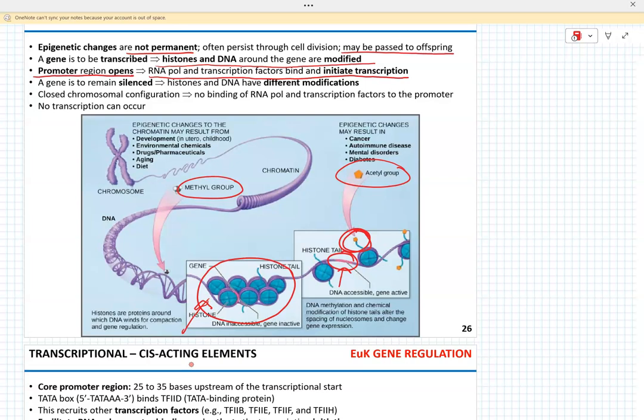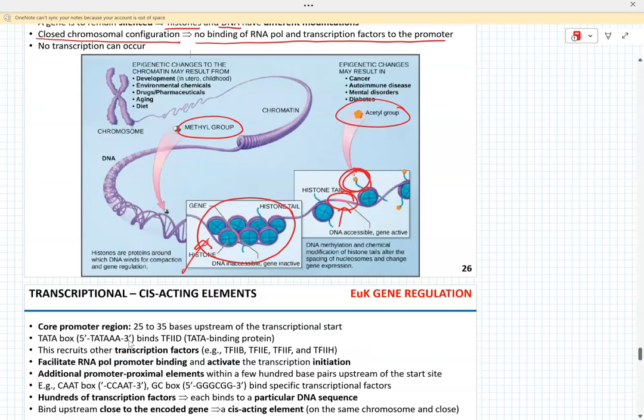If the gene is to remain silenced, DNA will be methylated, histones deacetylated, and that part of the DNA will wrap itself tightly around histones and stop the transcription. In other words, when chromatin is closed, RNA polymerase and transcription factors cannot bind to the promoter, and transcription cannot occur.